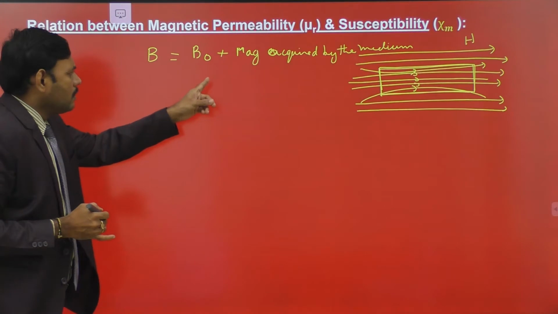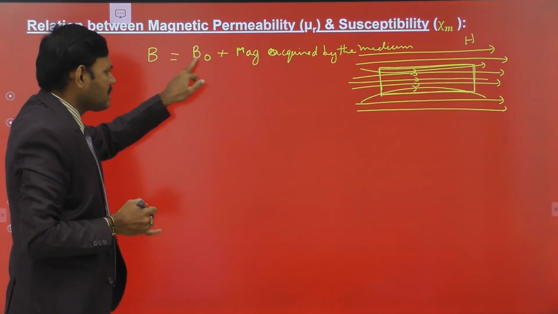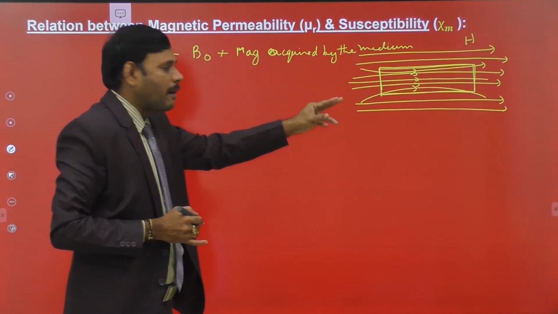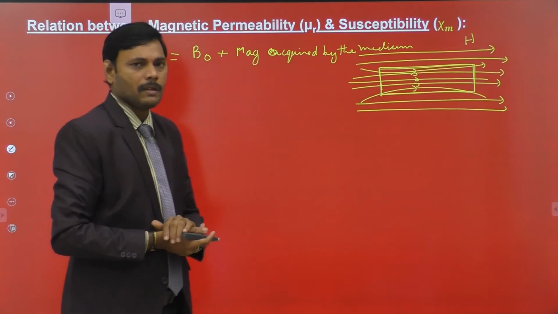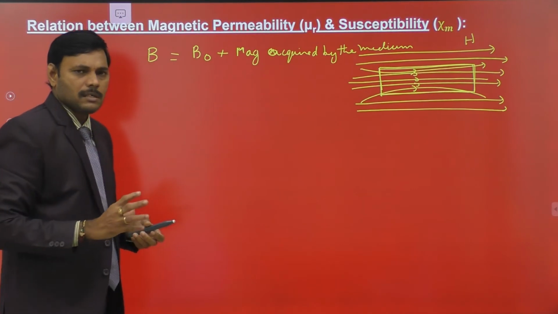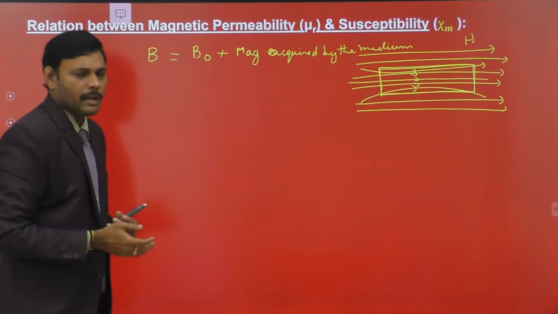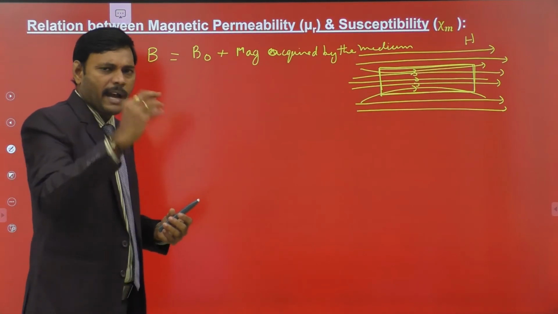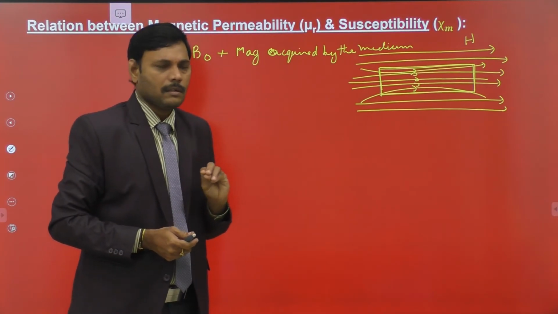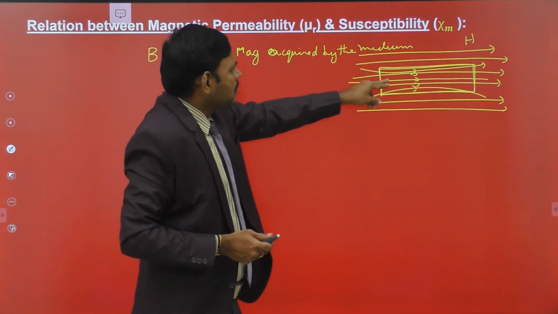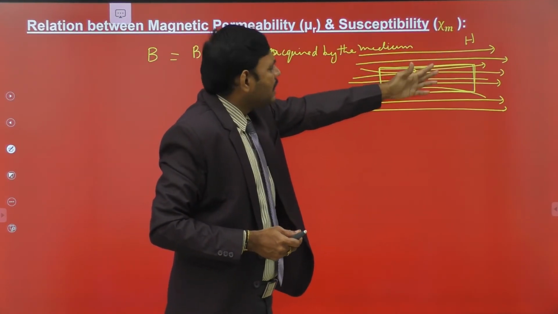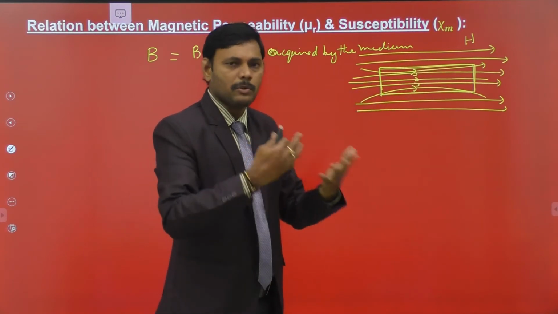It is the sum of the magnetic field in the free space, which is present in the absence of material, plus, in the presence of material, the magnetic field acquired by the material medium. So once again I repeat it. Already in the free space there is a magnetic field, let it be B naught. Now we insert a magnetic material in that region, then it acquires a magnetic field, because the dipoles present inside the magnetic material may orient along the same direction, and the material now acquires magnetism and produces magnetic field.